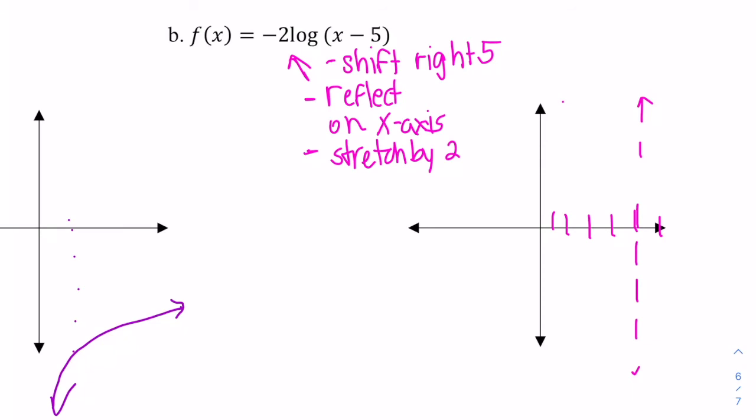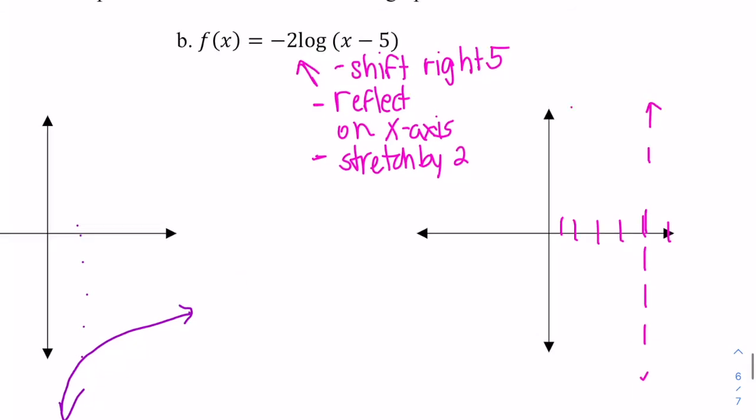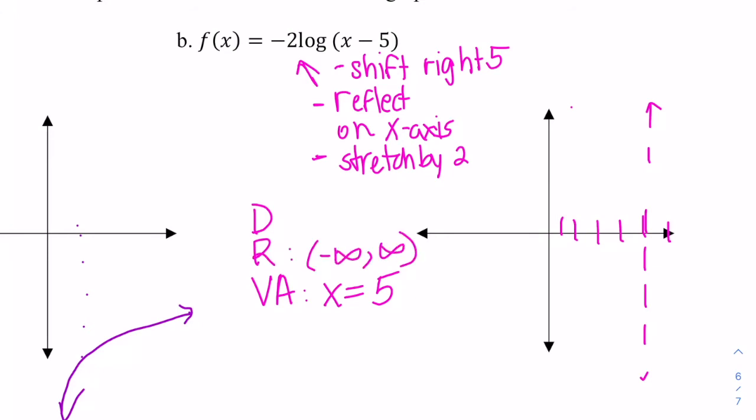So the vertical asymptote is shifting to x equals 5. We know that the range doesn't change. But the domain is going to go from 5 to positive infinity. That reflection, again, is going to make it be decreasing. It's pretty steep over here, so this is just a sketch.